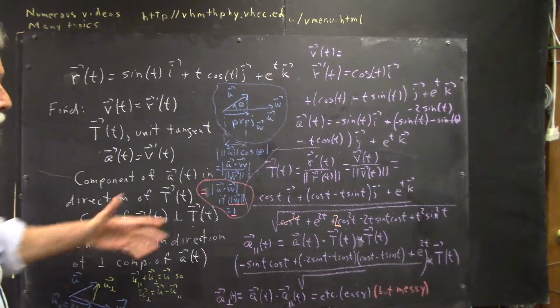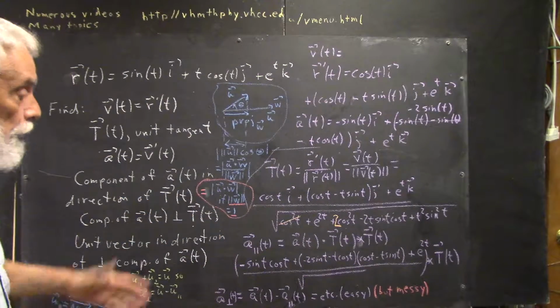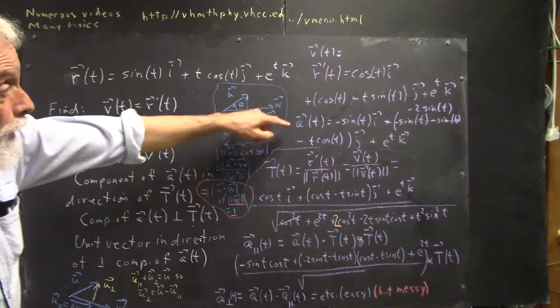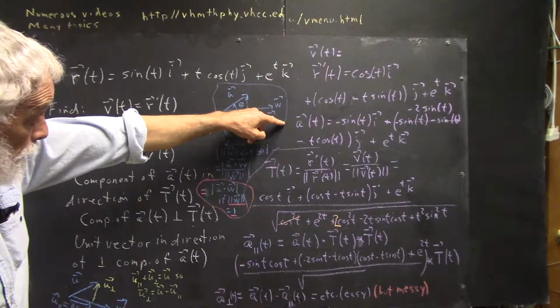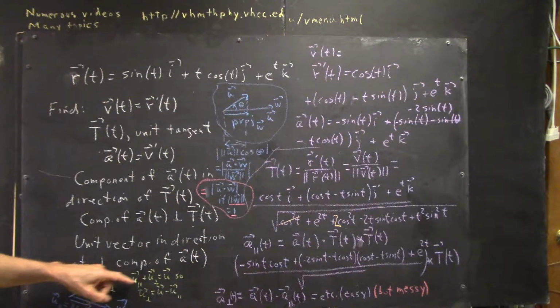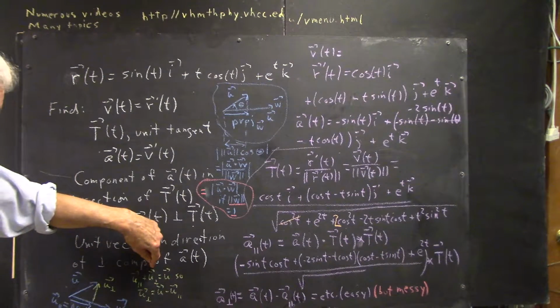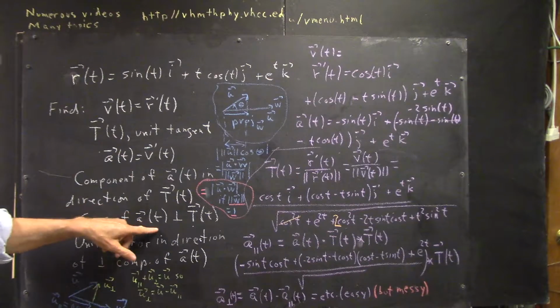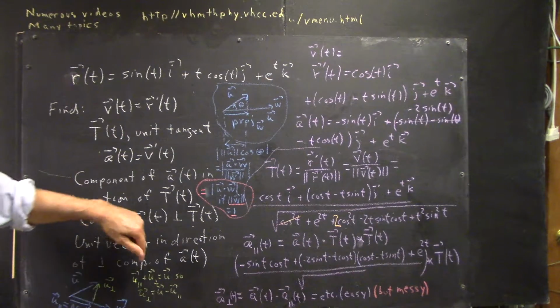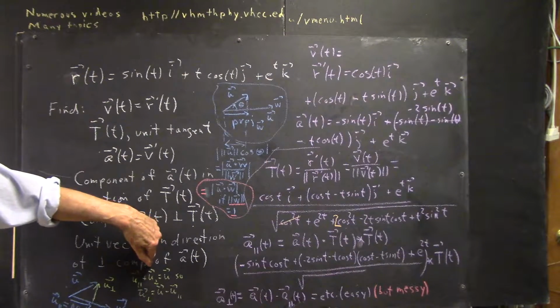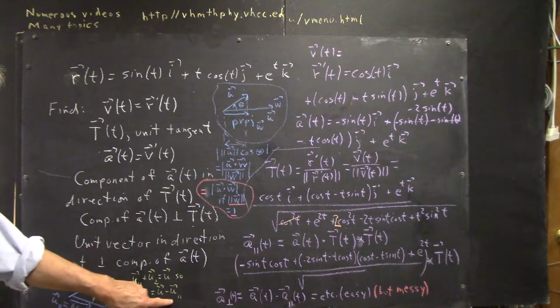Well, we've got a way here where we've actually calculated the parallel component of the acceleration, and we have the acceleration vector. So we know this and we know this for the acceleration. How do we get this, the perpendicular component, which is what we're asked to do here? If this plus this equals this, then this, which is what we want to find, equals this minus this.